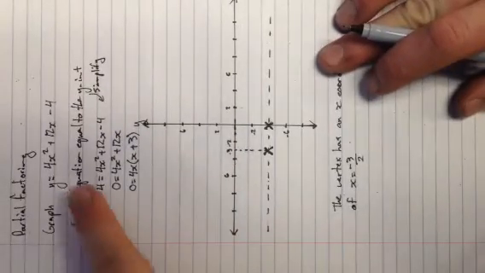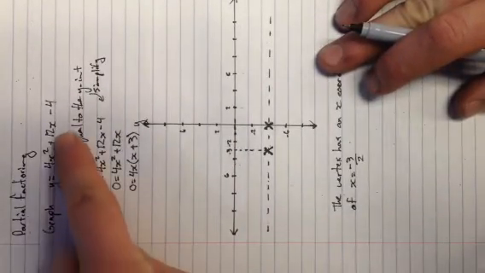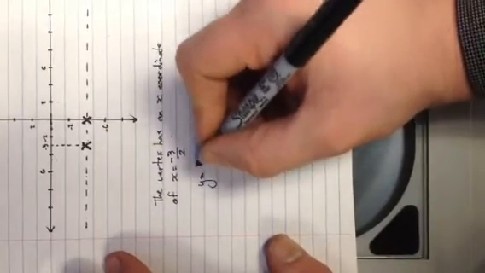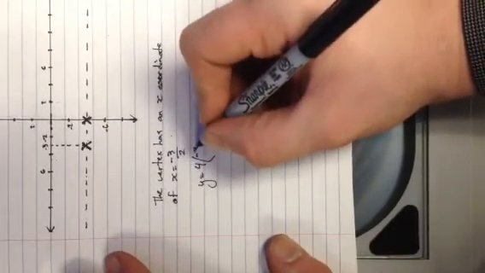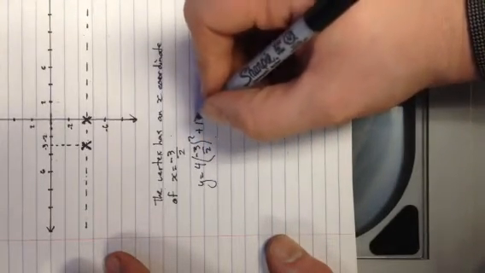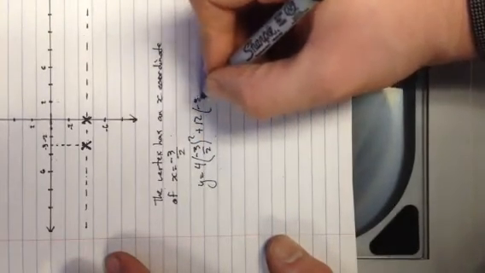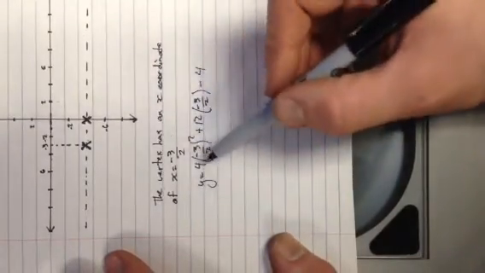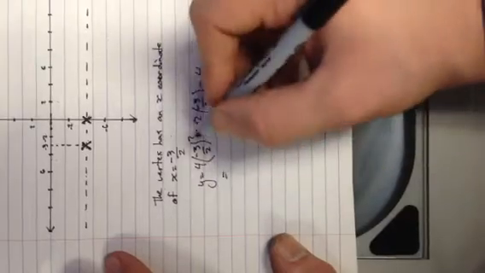So remember, the original equation was up here, y equals 4x squared plus 12x minus 4. So we'll substitute negative 3 over 2 in for x: 4 times negative 3 over 2 squared, plus 12 times negative 3 over 2, minus 4. Now, just a little bit of simplifying here.